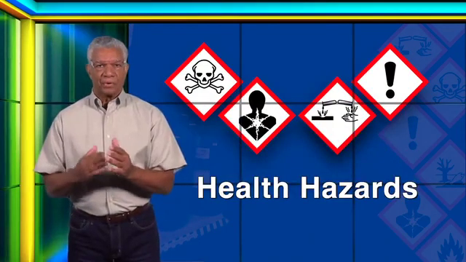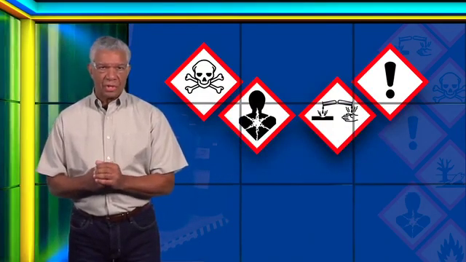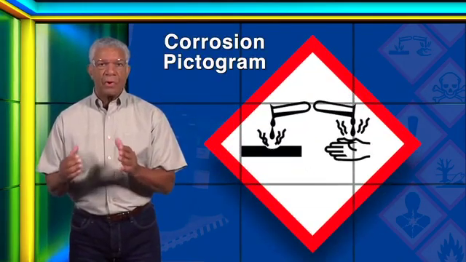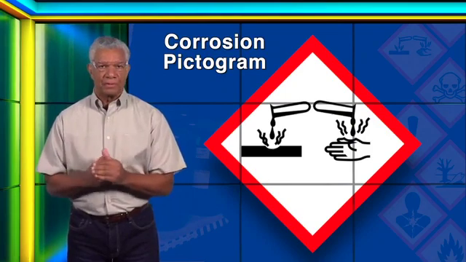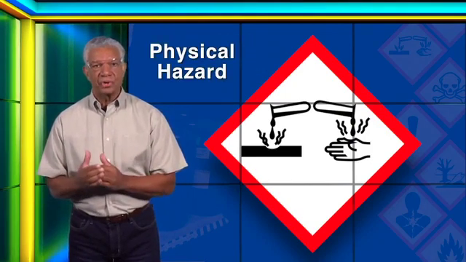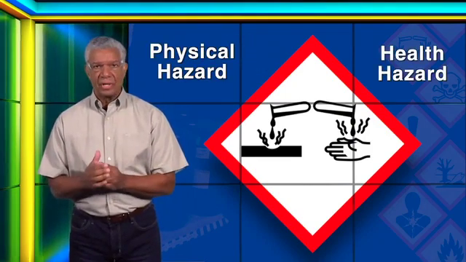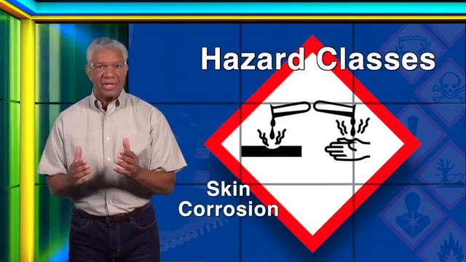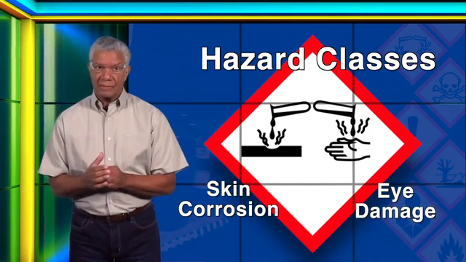There are 4 pictograms that represent health hazards, one of which is also the corrosion pictogram. The corrosion pictogram is the only pictogram that represents both a physical hazard and a health hazard. The corrosion pictogram also represents the hazard classes of skin corrosion and serious eye damage.